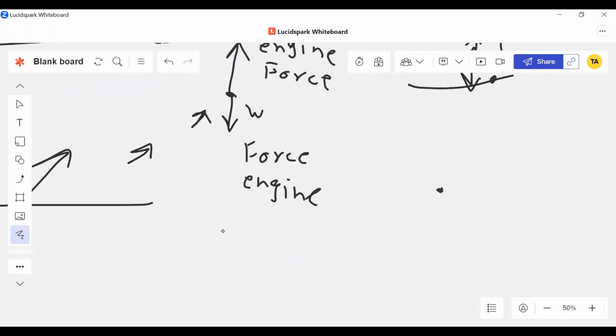If this plane has weight this much, then this would be the engine force. You can see how big the engine force is compared to the weight of the object. So any object must have the upward force greater than the downward force, so that the object will move upwards. All right, you got it.